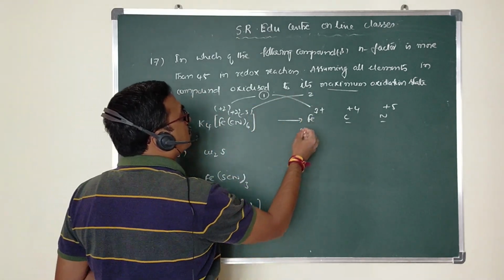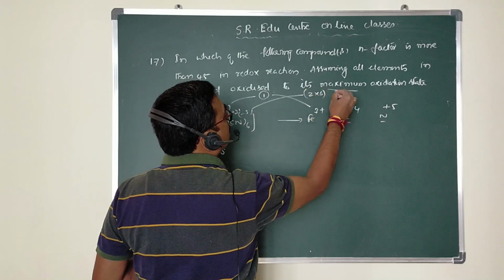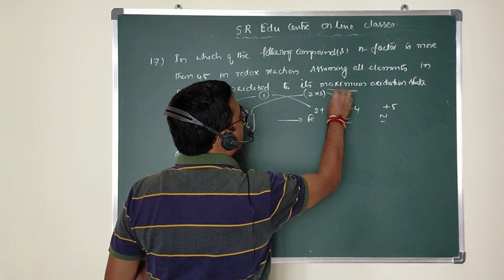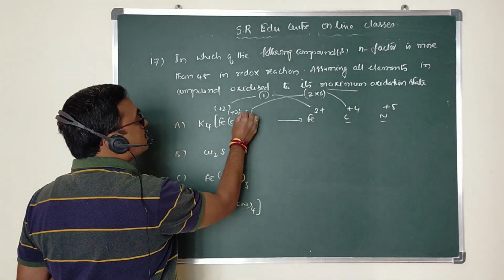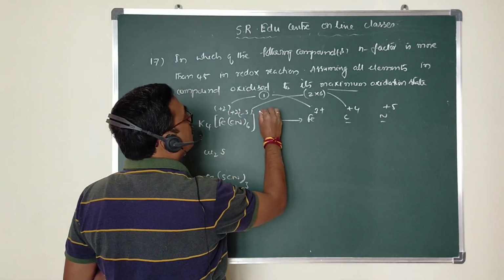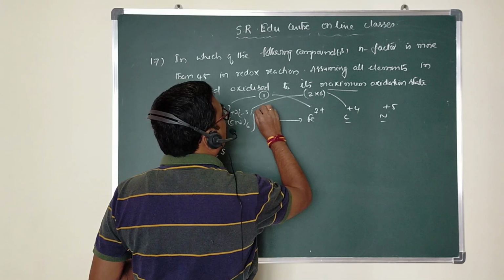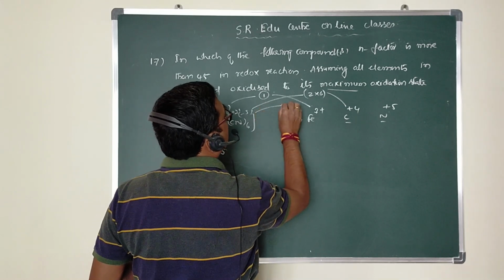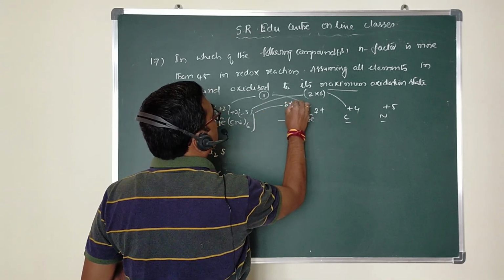But 6 atoms are there. 2 into 6, that is 12. The nitrogen oxidation state is -3 in the reactant and +5 in the product. So the change is 8. -3 to +5 means 8. 6 atoms are there.